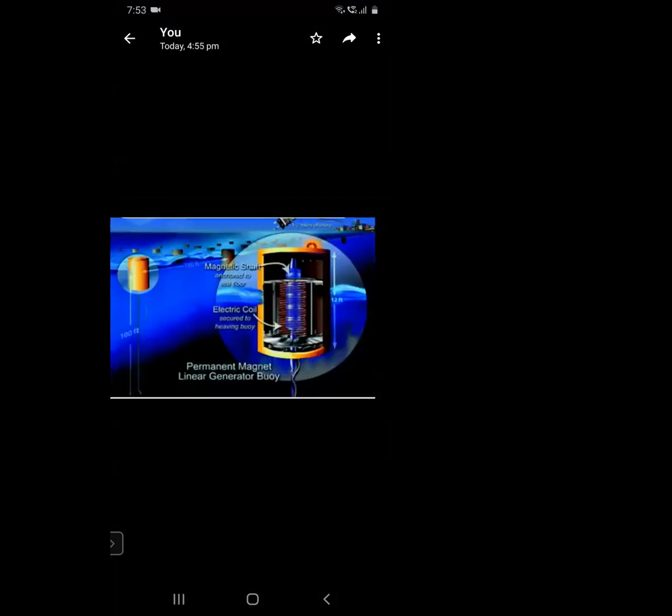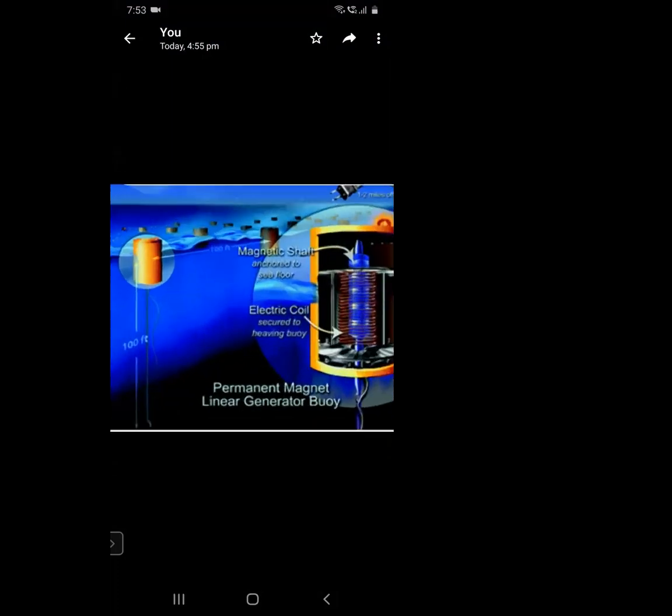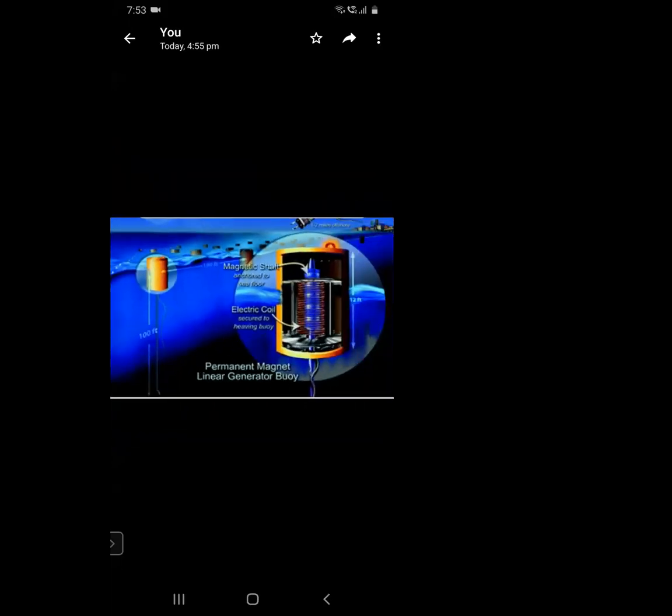Knowing this much is enough; you don't have to go into the details of how this is done. Can you see there are lots and lots of floats in this picture, distributed on the surface of the sea? As there are waves, the floats are moving, and the movement of the floats is kinetic energy, which is getting converted into electrical energy.